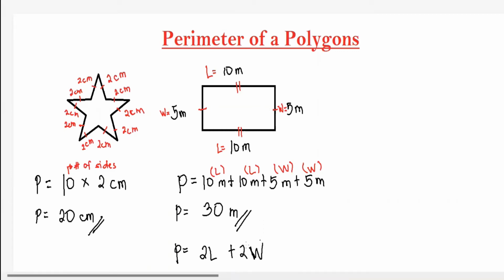So, dalawang L plus dalawang W. So, in short, yun din pa rin yung ginawa natin sa taas. Okay? But this is actually their formula. Yung P is equal to 2L plus 2W. Okay? I-introduce ko lang sa inyo yung formula niya.